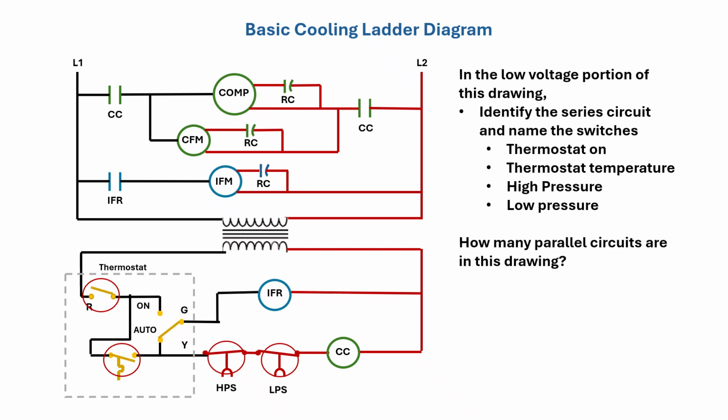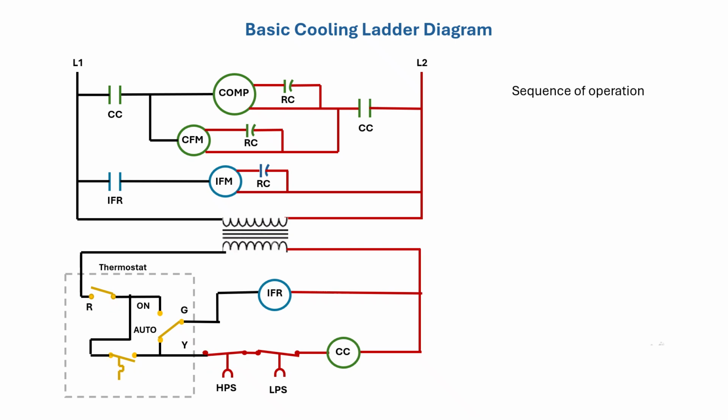How many parallel circuits are in this drawing? There are two parallel circuits. On the low voltage side, the indoor fan relay and cooling contactor coils are parallel. On the line voltage side, the compressor and the condenser fan motor are parallel.